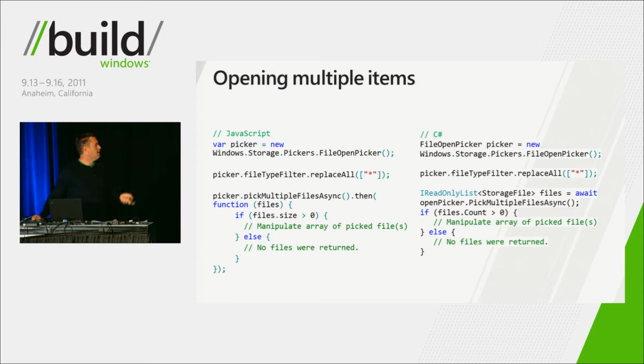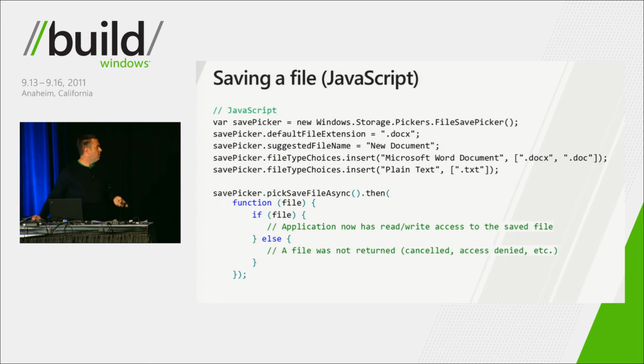You're also able to make use of the picker for saving files and for picking directories. So here's an example of code that Microsoft Word might make use of to save a Word document. You'll see the save picker here, they've specified docx as their default extension. The initial name for the file is new document, but the picker allows the user to obviously name the document as they please.